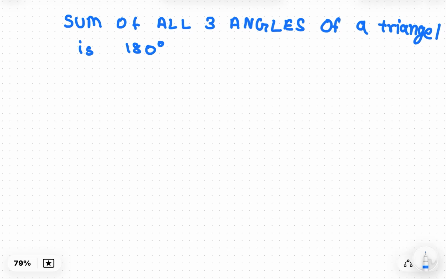So if we have the three angles of a triangle A, B, and C, then A plus B plus C is always equal to 180 degrees.